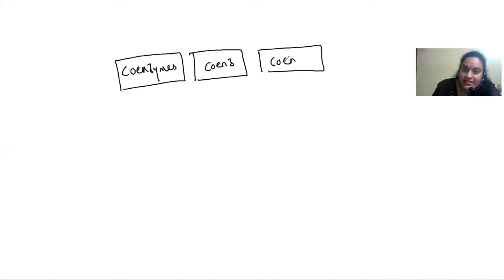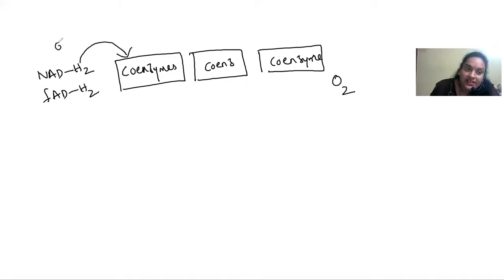This is another coenzyme, and at last the acceptor will be the oxygen. So who came in? The reduced coenzymes have come here. And what are they trying to do? They're trying to lose their high energy electron to this coenzyme. They will get oxidized and this one is going to get reduced.